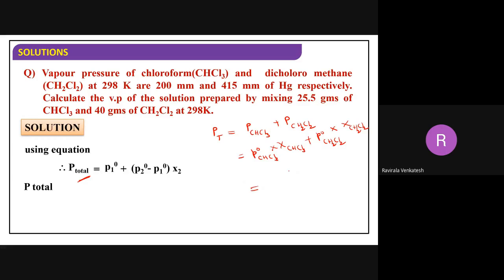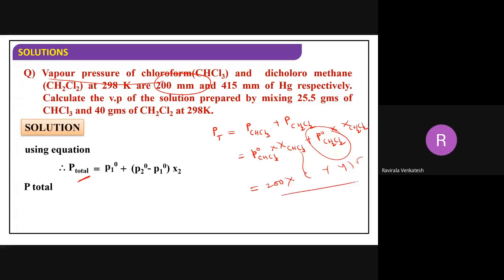Now substitute P naught here. P naught is nothing but the vapor pressure of pure chloroform. How much is given? 200 is given, so substitute 200 here. The mole fraction of chloroform you already got, substitute that here. The vapor pressure of pure dichloromethane is given as 450.